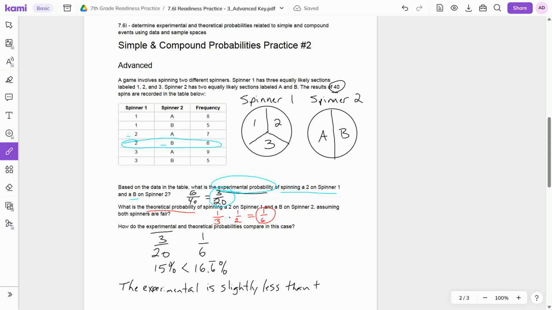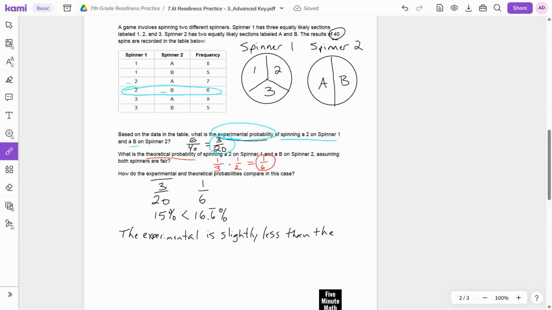And so that's always good to look at the theoretical, do some tests, and see if it really works. You could do the same thing with flipping a coin, right? See how many times it should land on heads, how many times it should land on tails. Should be 1/2, but if you do it 10 times, you might not get an even 5 and 5 in the theoretical probability. Let's finish this out. All right, so the big key here is obviously keeping in mind the difference between experimental and theoretical.